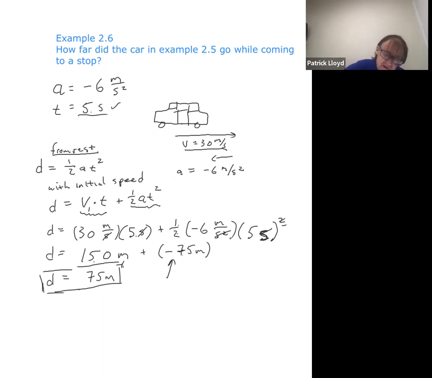So there's got to be some term in that equation that represents the slowing down, and that's the acceleration. This -75 is essentially saying, you would have gone 150 if you hadn't hit the brakes, but because you hit the brakes, it's going to reduce the distance that you're going to travel, so it goes down to 75 meters. Okay.